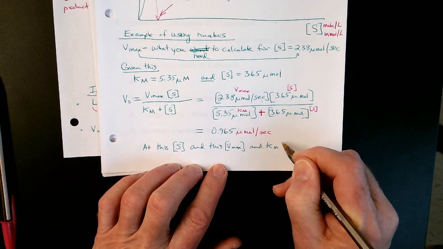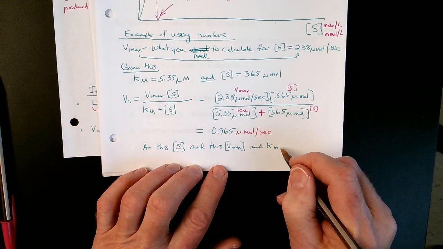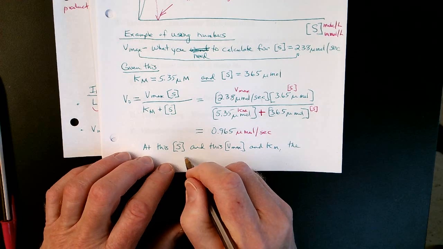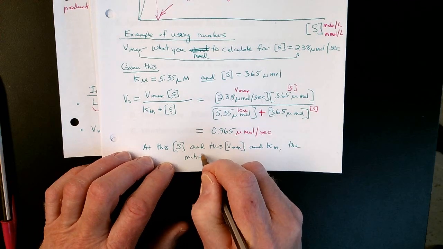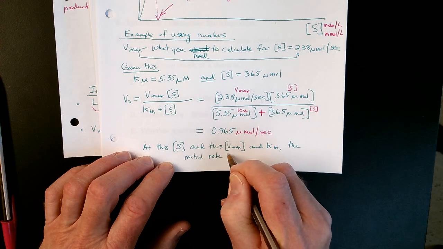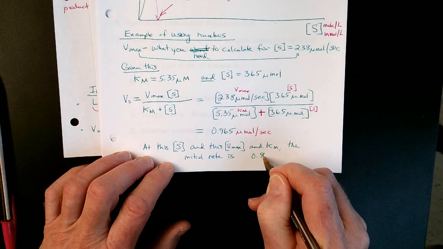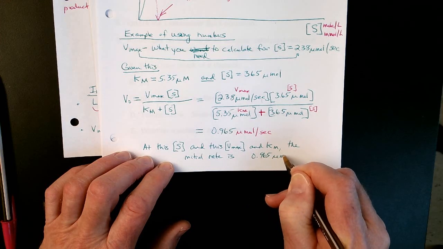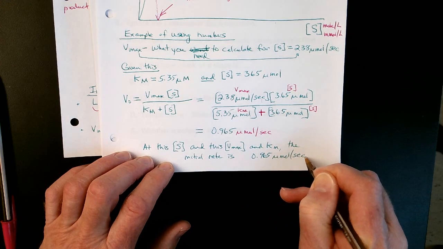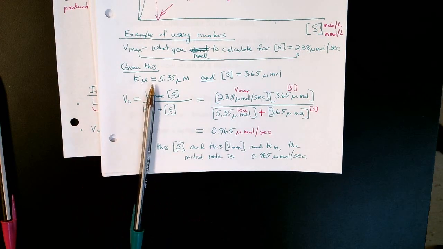With Km, all of that put together, the initial rate of this reaction is 0.965 micromolar per second. And we had better be done right there. End of time for the day.